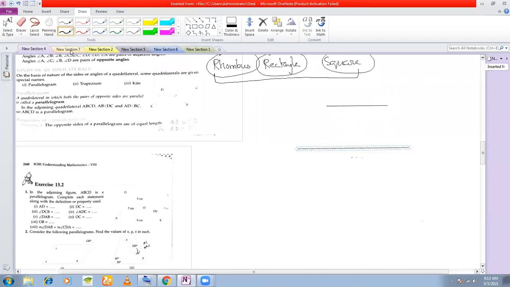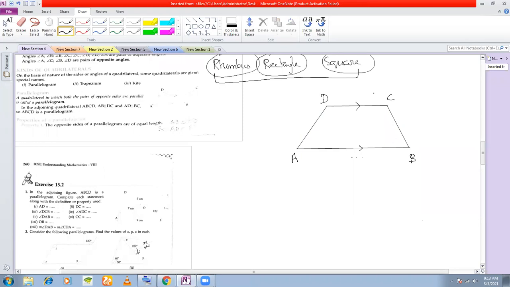So you draw two parallel lines, and then this is how a trapezium will look.